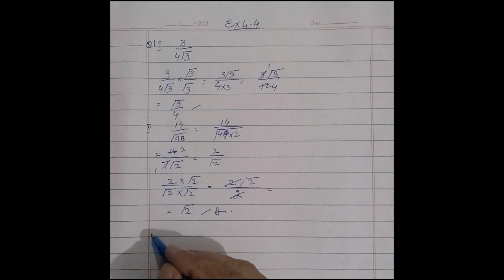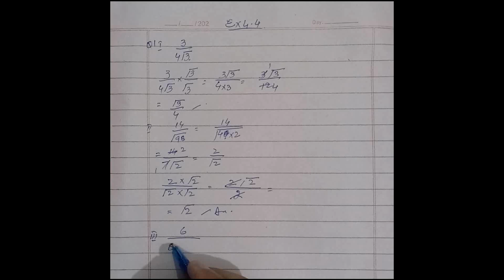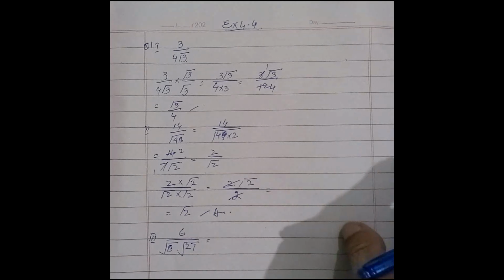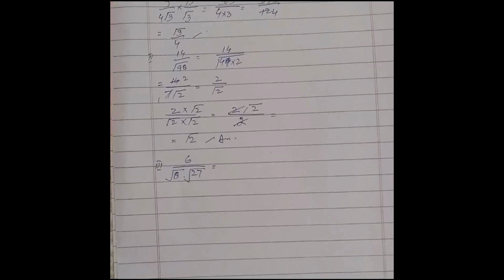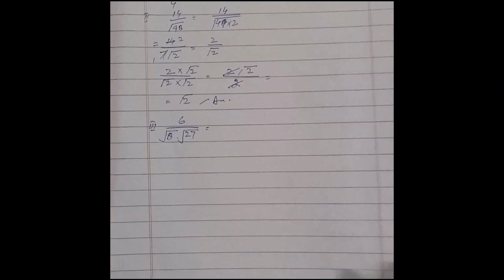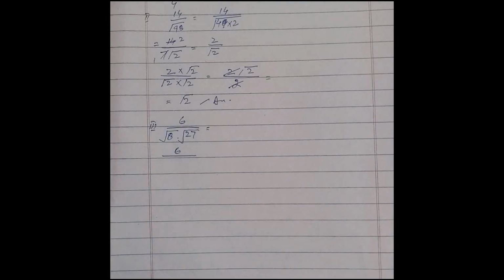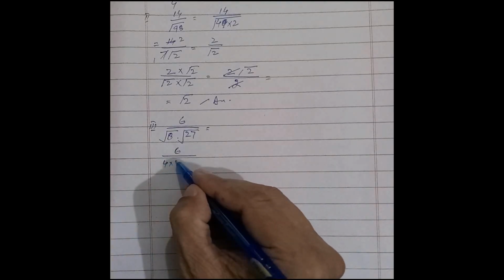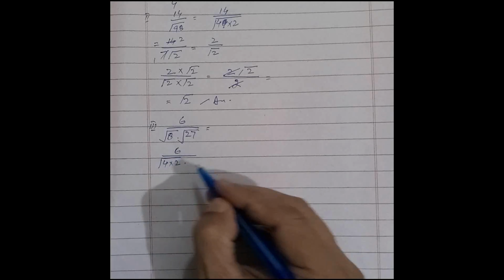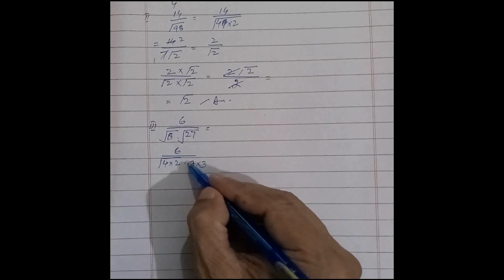The next question is part 3 of question 1. We have 6 over square root 8 times square root 27. Now we simplify it by factorization. We get 6 over square root of 4 multiplied by 2 into square root of 9 multiplied by 3.